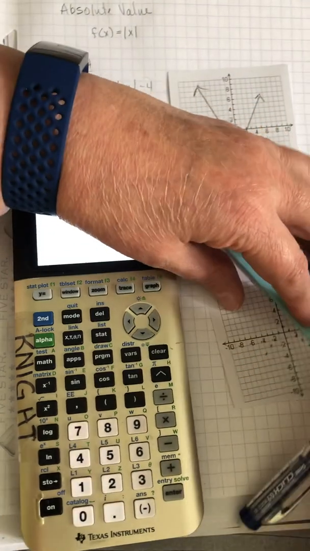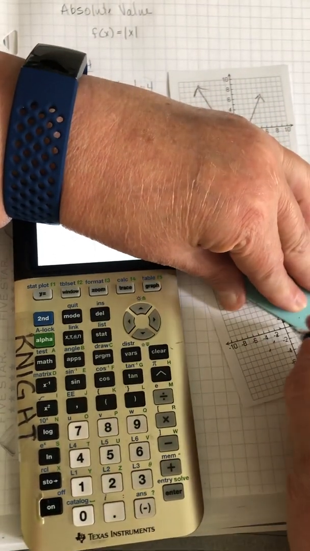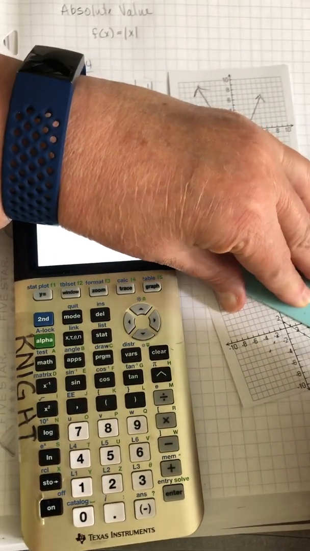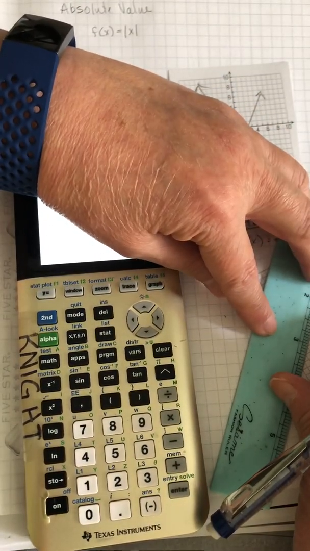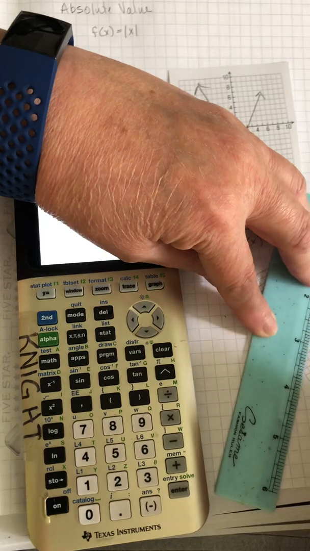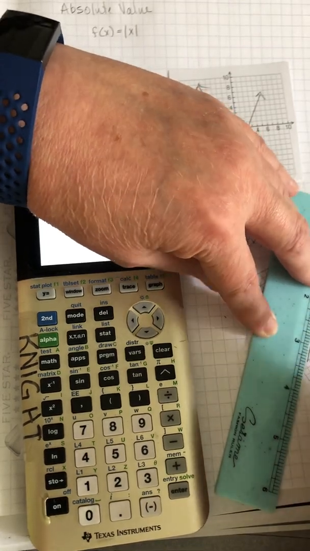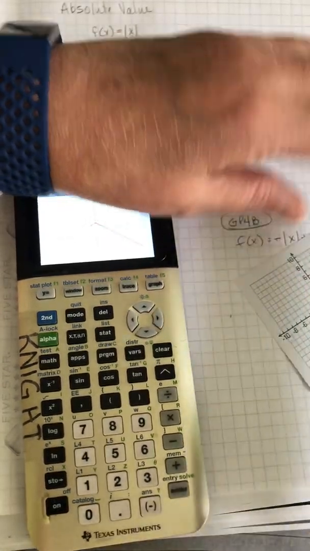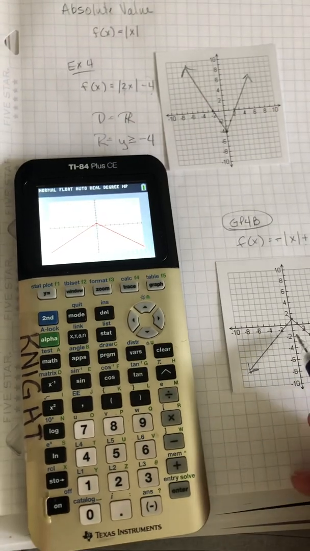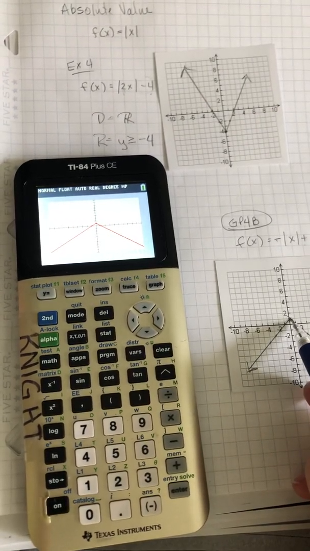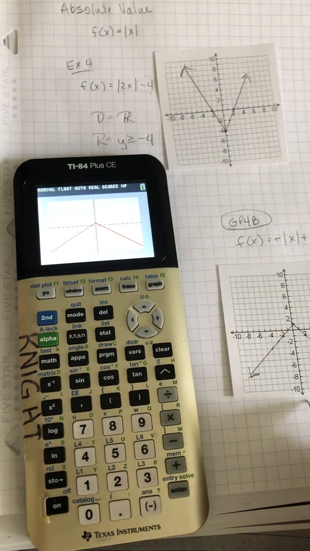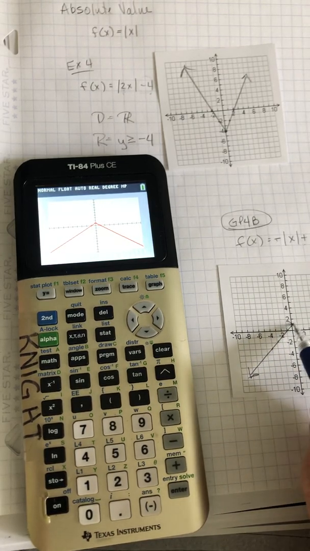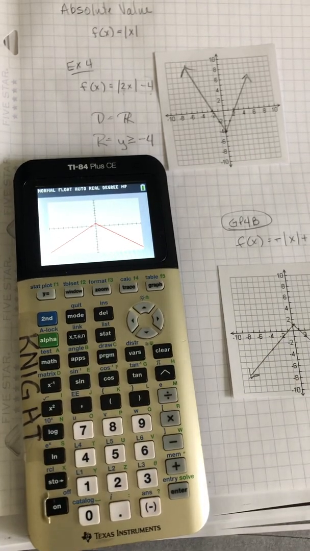Still has a mirror image. Domain is still all real numbers. My range, however, would be that y is less than or equal to 1, because all my y's are less than 1 except for this one, which equals 1. Hope that helps with absolute values.